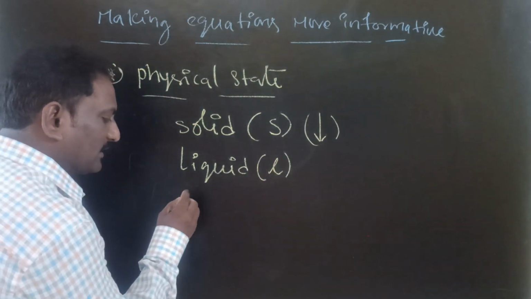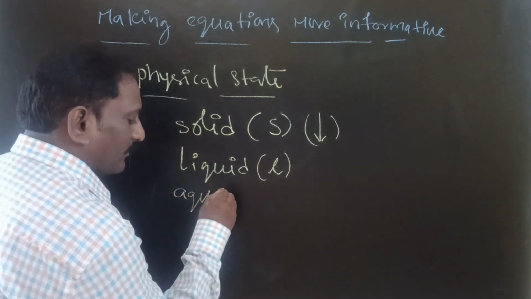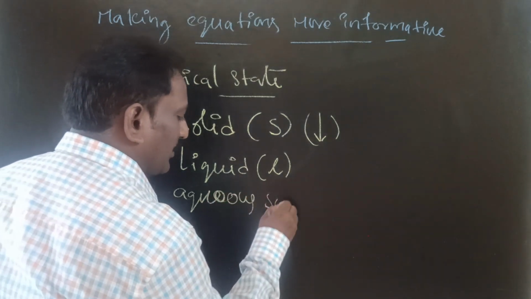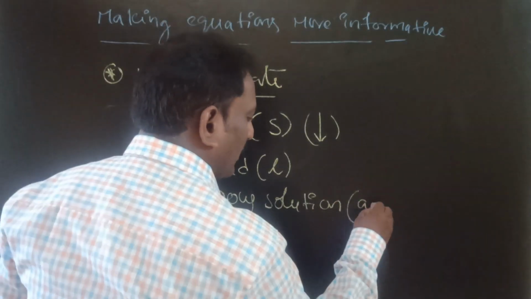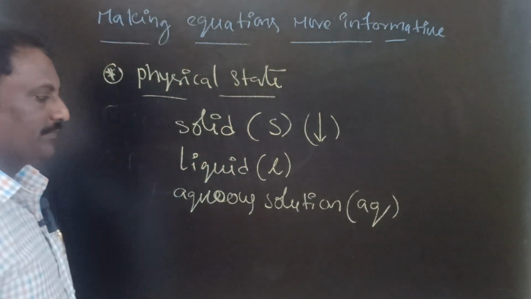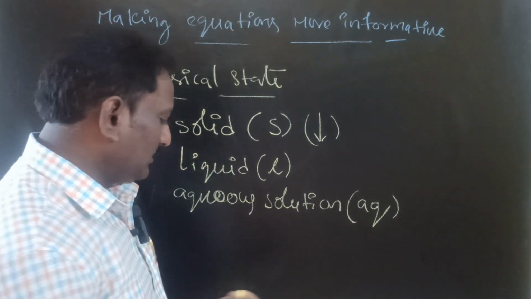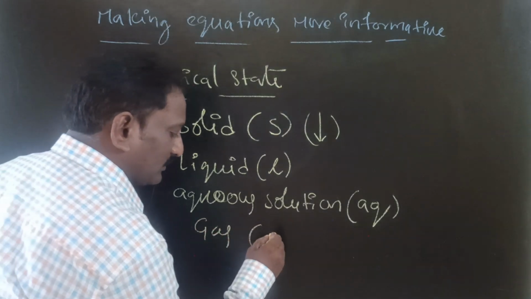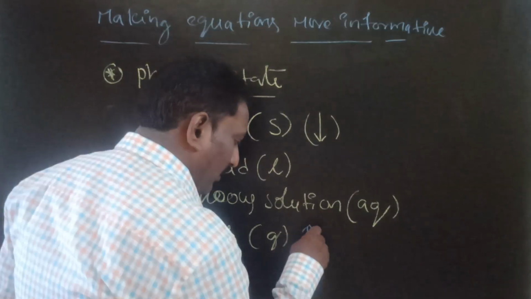If they are in the form of aqueous solution, then you should use the symbol aq. If reactants or products are in the gaseous state, we should use small g in brackets or an up arrow mark.